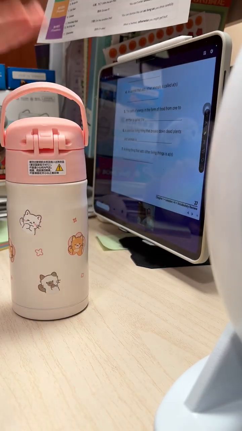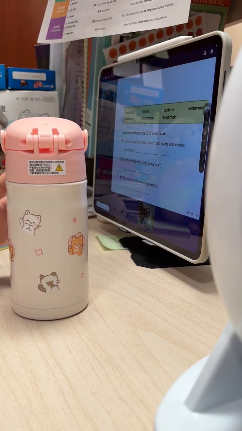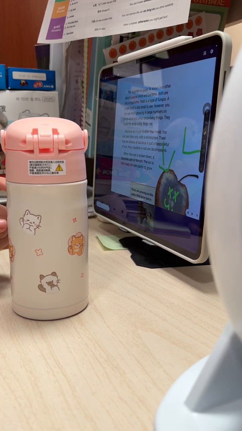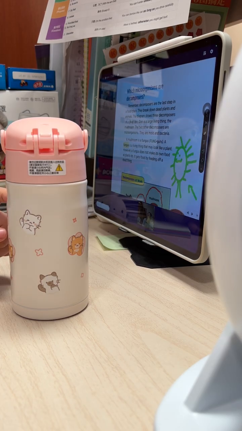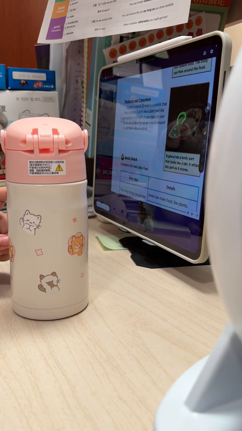There you go. Okay, this is a hard one. Can you tell me something that is a producer and a consumer? Do you remember one that's a producer and a consumer?